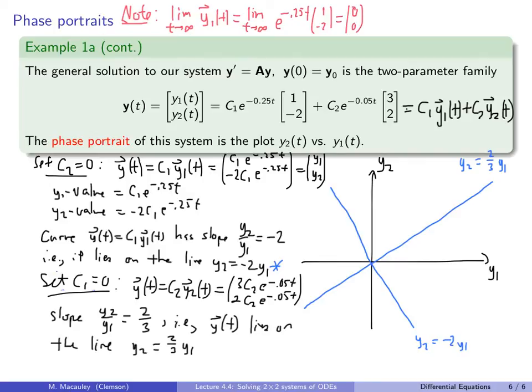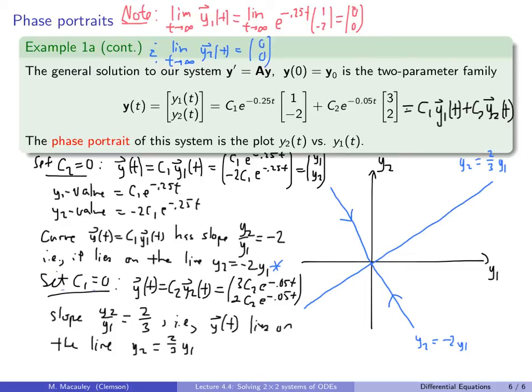Because as you put in larger and larger values for t, this scalar function goes to 0 and approaches 0, 0. In other words, that shows you that if you start on this line, which is where y1 is, and as time gets larger and larger, we go through the origin. So I'm going to denote that like an arrow there and an arrow there. And similarly, if you take the limit as t goes to infinity of y2 of t, that's also going to be 0, 0.